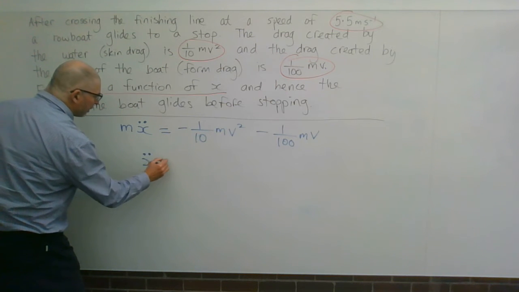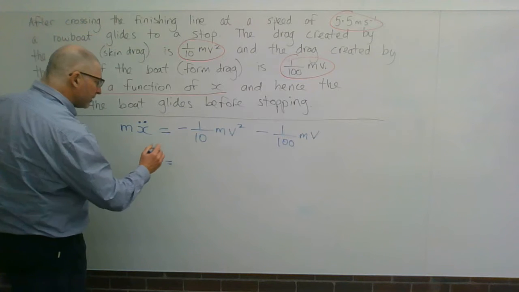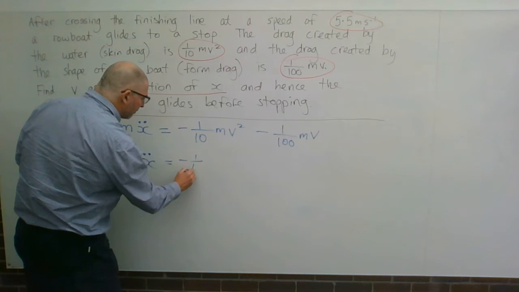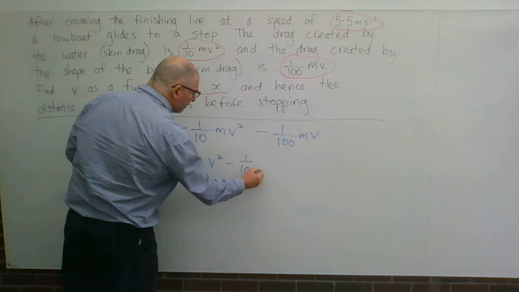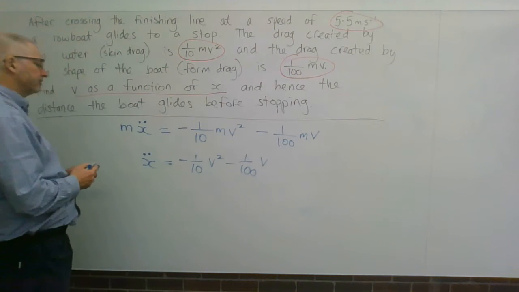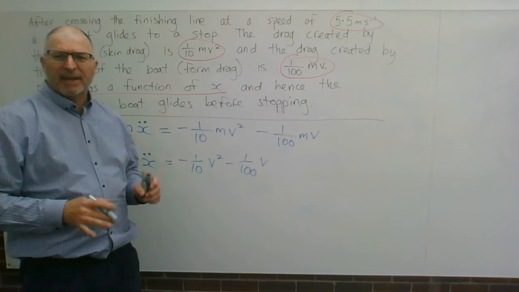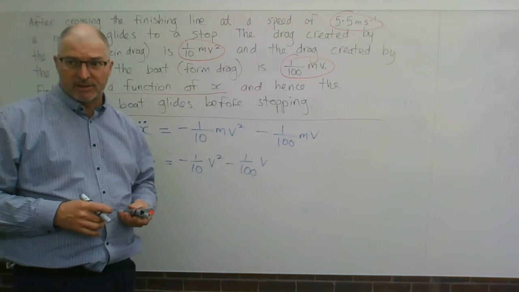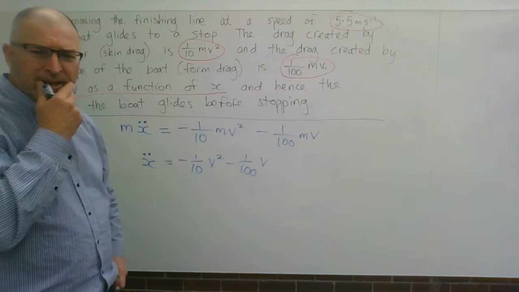x double dot is equal to, divide out the m, and we get minus 1/10 v squared minus 1/100 v. All right, now we need to integrate. We could use d/dx of a half v squared, or we could use v dv/dx.